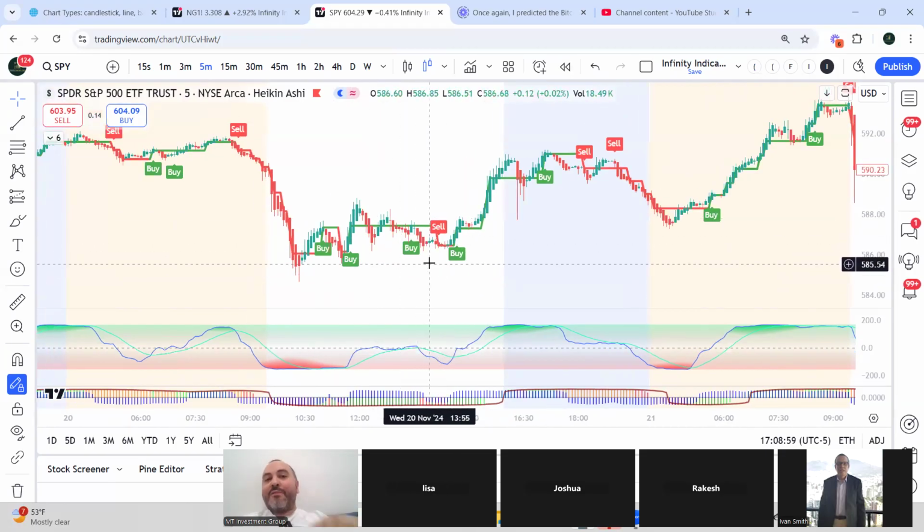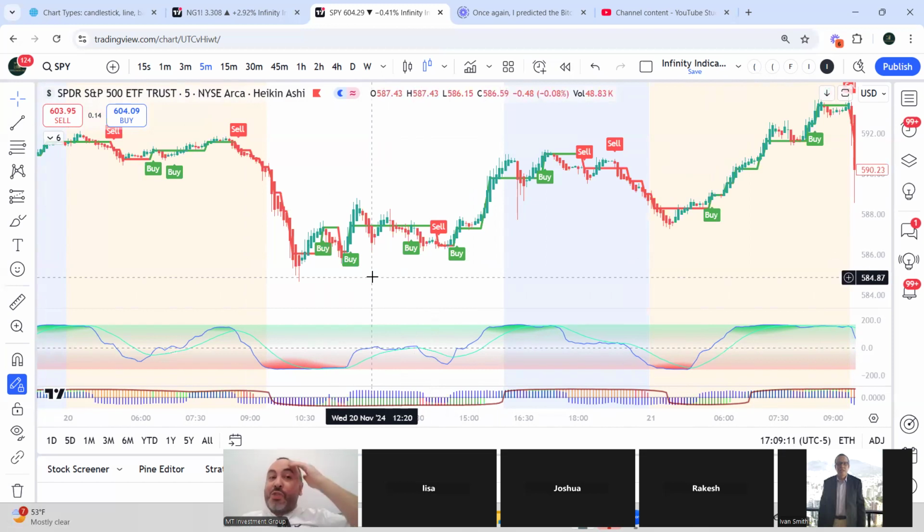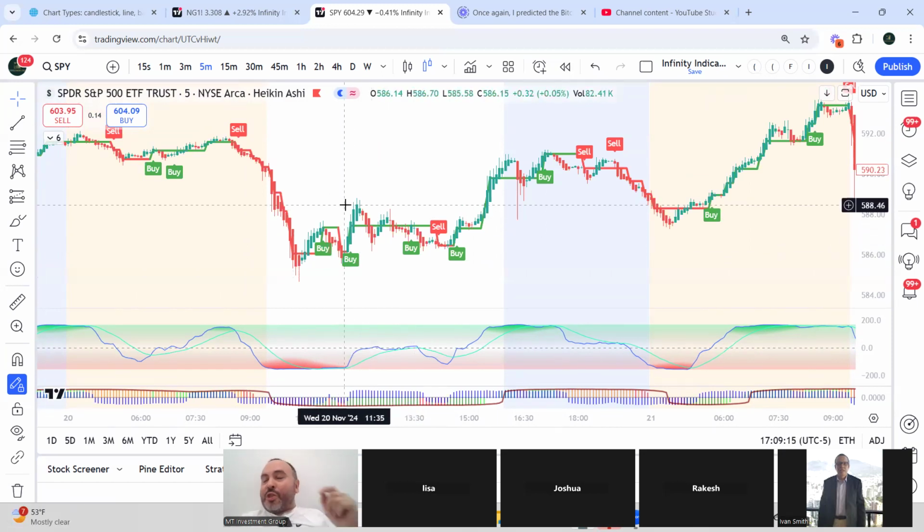And what the higher time frame does for this is it will show... I'm not going to do it because I'd have to do a whole bunch of zooming in and out again. But what the higher time frame box does when you check it is, let's say you check that box and you put hourly on it.